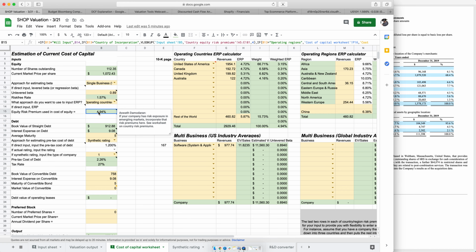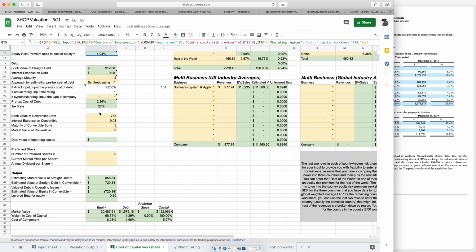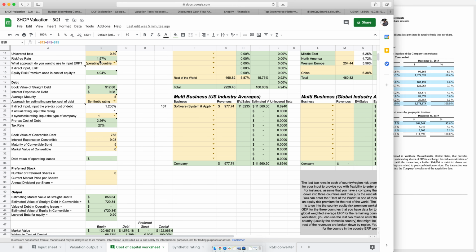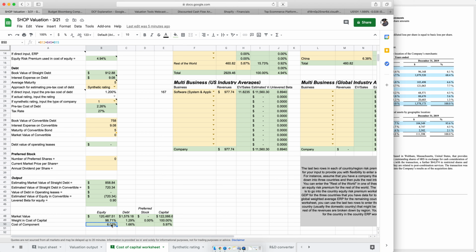Okay, so we've calculated our cost of equity, I believe. Actually, if we check and just confirm, the cost of this particular component is B12. B12 is the risk-free rate plus the levered beta for equity times the equity premium.